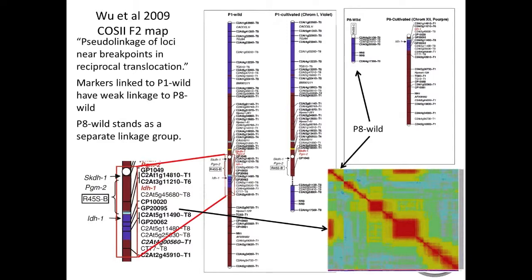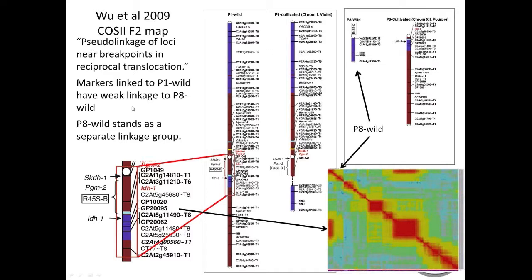So I'll give you an example of how we've used that tool in pepper. We used our pepper Affymetrix chip and mapped about 16,000 different unigenes. This is a genetic map. We mapped them on an interspecific cross where we knew there's a translocation between chromosome P1 and chromosome 8 between the wild type and the cultivated type.